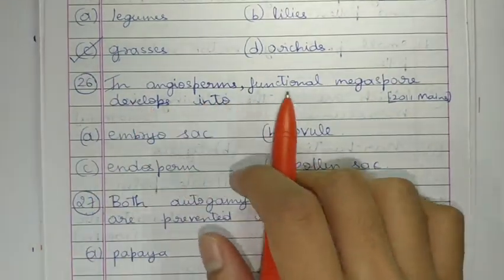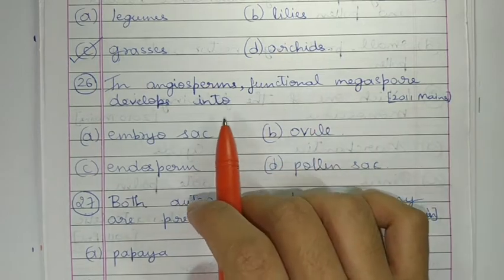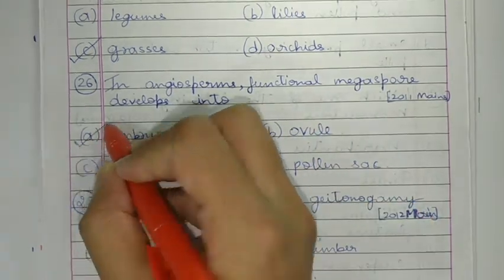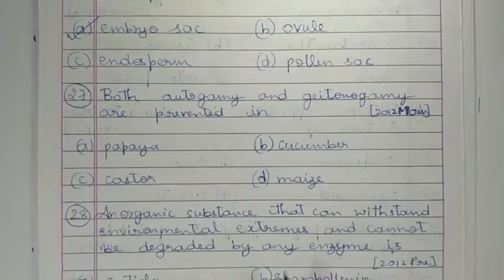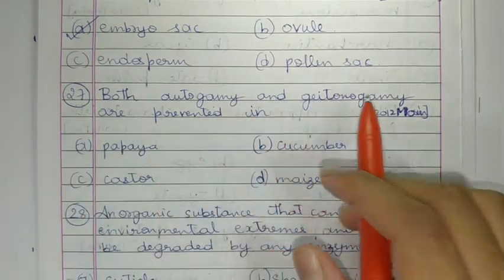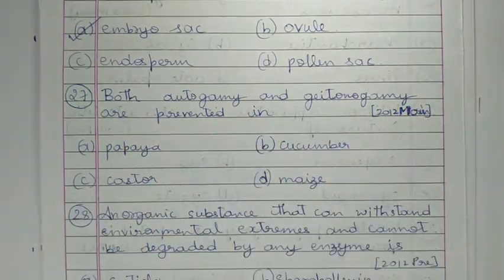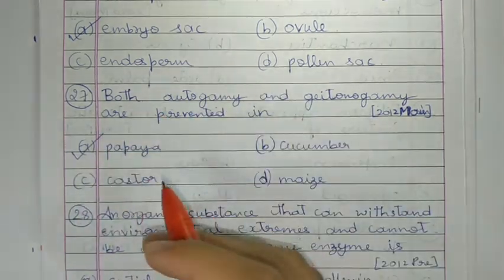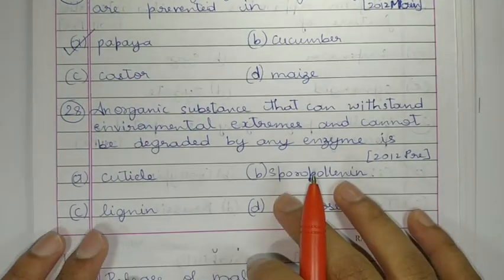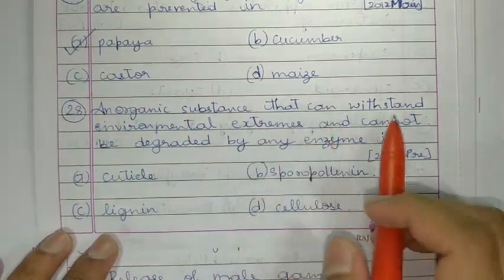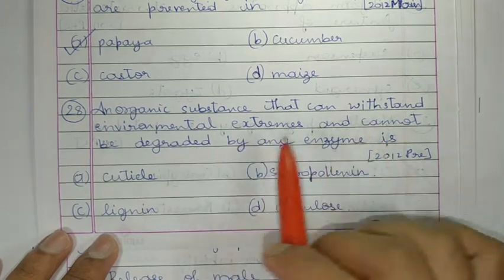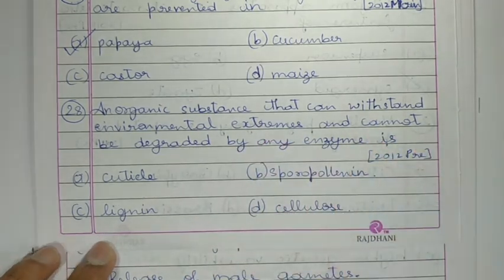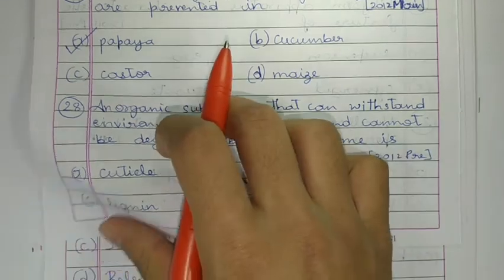In angiosperms, functional megaspore develops into embryo sac. 27. Both autogamy and geitonogamy are prevented in papaya because it is a dioecious plant. 28. An organic substance that can withstand environmental extremes and cannot be degraded by any enzyme is B, sporopollenin.